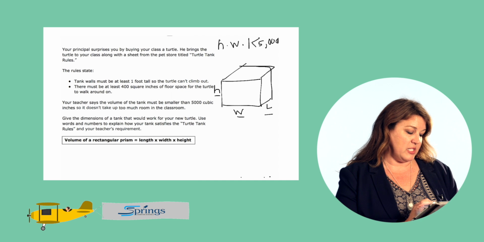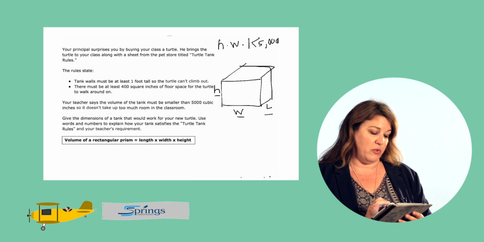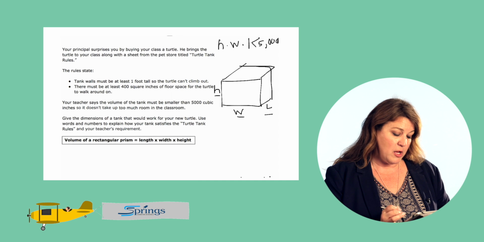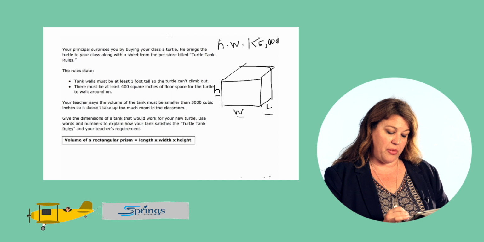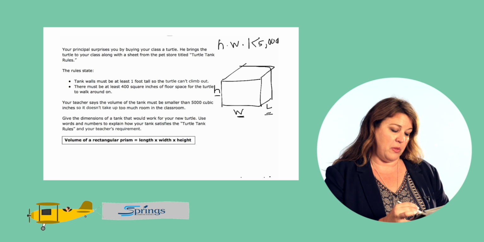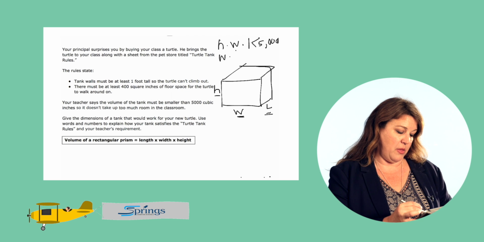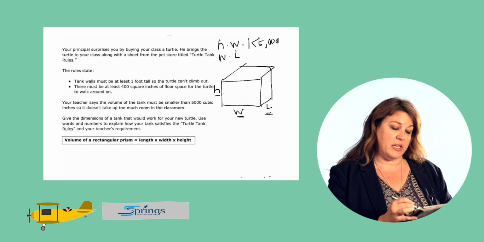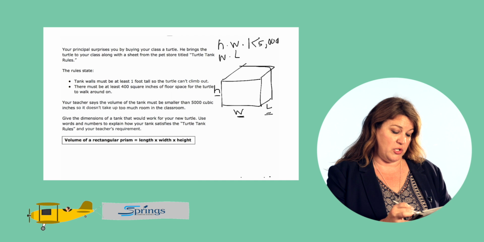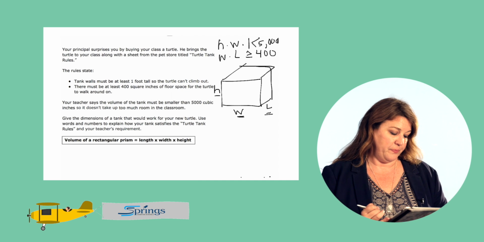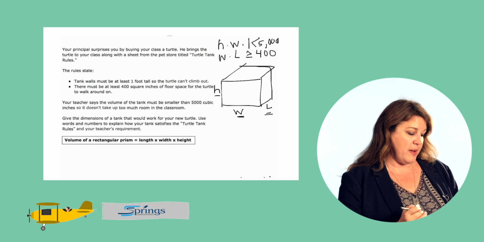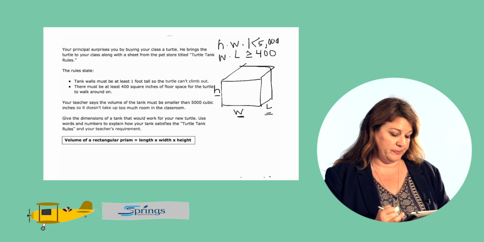It also says there needs to be at least 400 square inches of floor space for the turtle to walk around on. The floor space is our width and our length, so the width times the length has to be equal or greater than 400 square inches. And then the walls must be at least 1 foot tall.